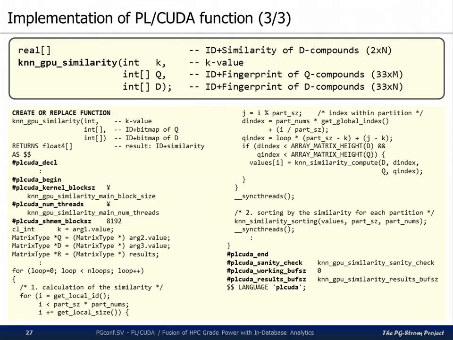Anyway, this function takes the k item, one matrix array for the query chemical compound set, and one other matrix array for the database chemical compounds. That returns an array matrix for ID and similarity value.